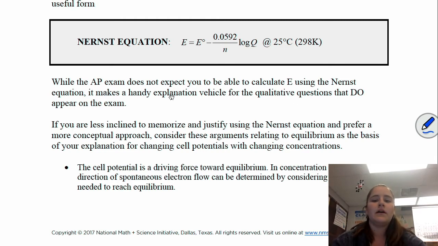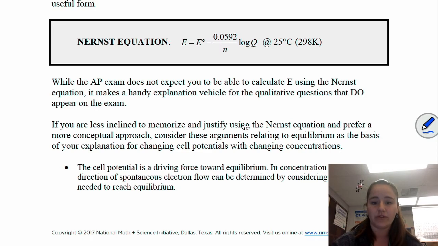Okay, so like I said, calculations involving this, you're not going to have to do on the test. However, using this to explain why the energy of a cell would increase or decrease with different concentrations is something you do have to be able to do. So it's totally up to you which way you want to go for it.